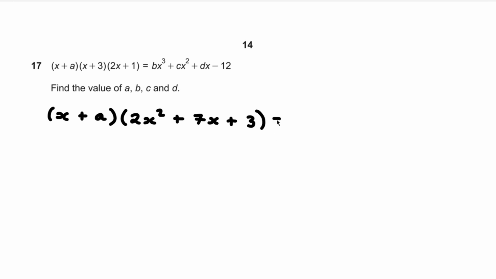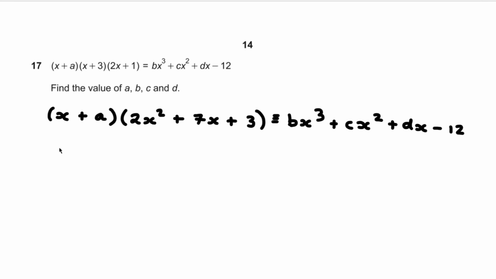And on the right hand side, we have bx cubed plus cx squared plus dx subtract 12. So let's expand on the left hand side.